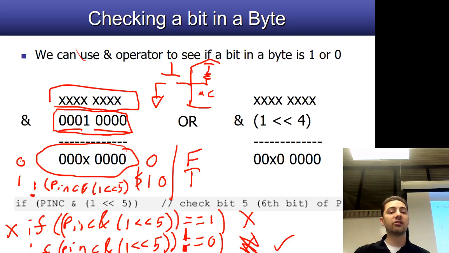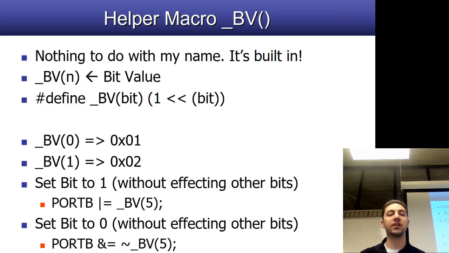Because if I changed my bit, if I changed that from a 5 to a 6, what would the mask be? It would either be 0 or 20 hex. So depending on your mask, different things are going to change. Now, this is not a conceit. This is not inflating my ego. There is a macro called _BV. Has nothing to do with me. It stands for bit value.